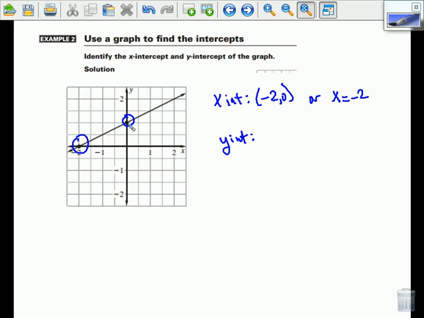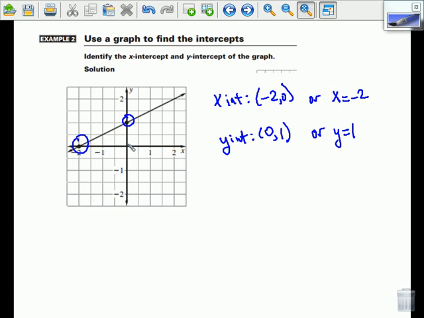It's where it intersects the y-axis, and that is the point 0. It looks like we're going in steps of a half here, because this is just 2. So this is 0, 1. Or we could say y equals 1.